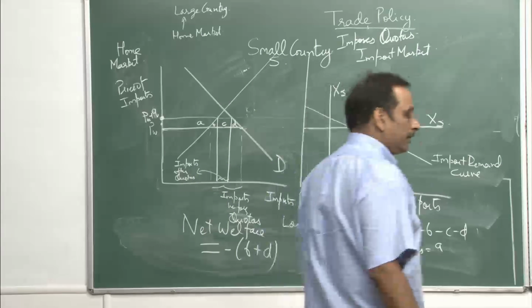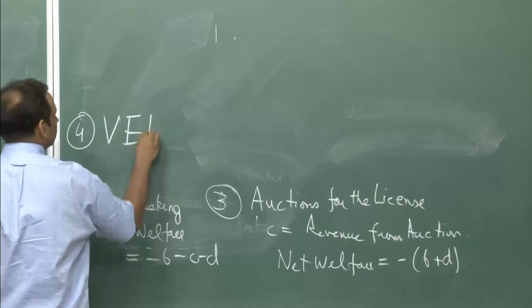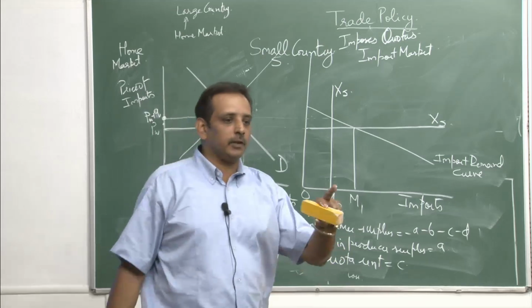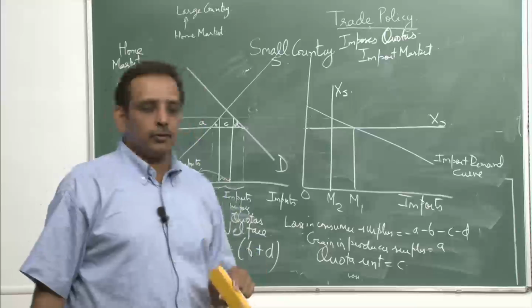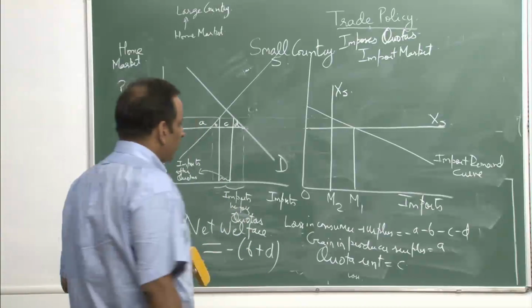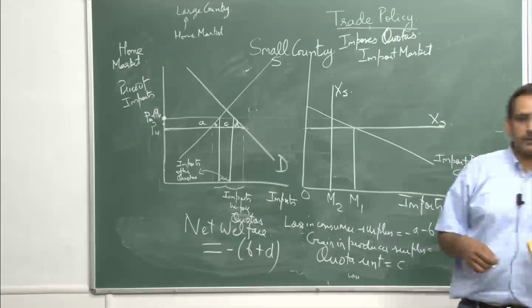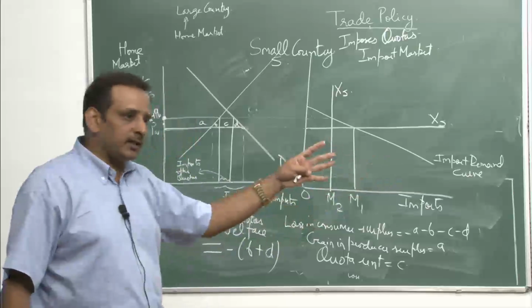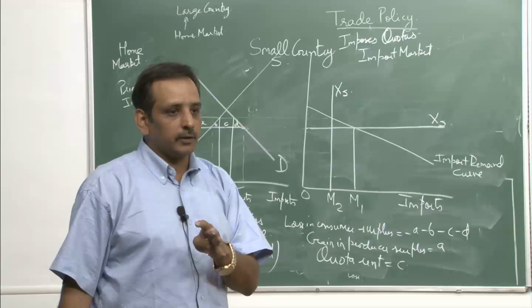That one more case is the case of voluntary export restraints called VERs, where the licenses are not given to the producers in the home country, but they are given to producers outside, like what happened in the US in the 80s, when the US was going through a recessionary phase, and therefore, it also saw a surge in Japanese cars coming in their markets.